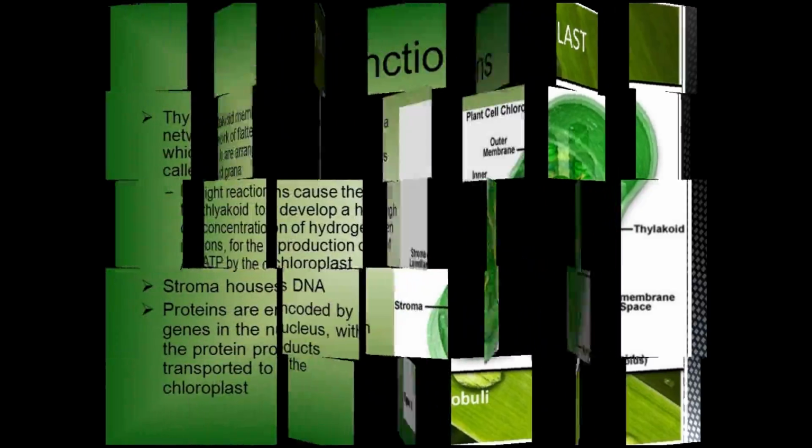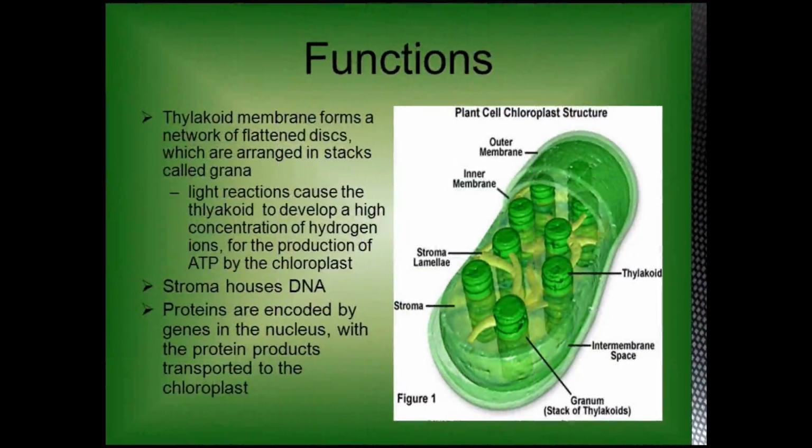Now we have to see the ultrastructure of chloroplast and function. We saw that same structure. The chloroplast envelope has outer and inner membrane, which are separated by intermembrane space.